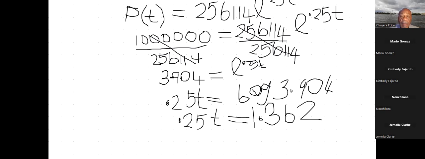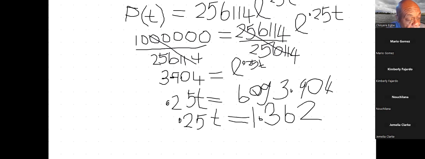But why? Professor, the log of 3.904, I got a different answer than 1.362. Because you're using the log base 10. But you can see here we have E, okay? The log of E is what we call a natural log, and that is ln. That's what you should use. Okay, I don't understand, but okay. No, there are two kinds of logs.